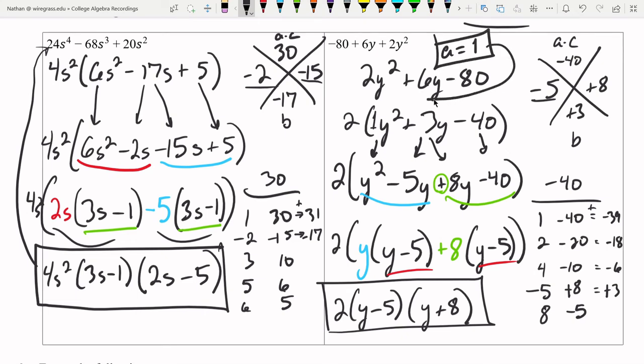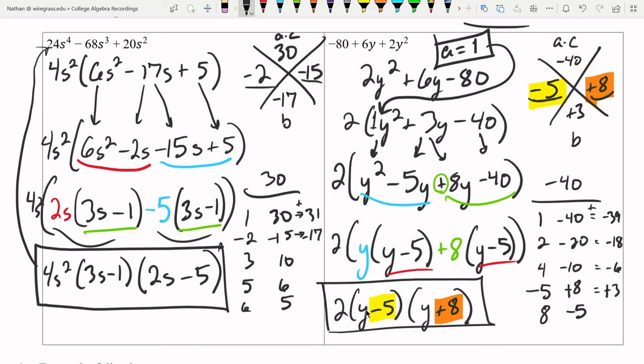When a equals 1, once I find these two numbers, negative 5 and positive 8, I can immediately factor this thing. I don't have to do the second half, the factoring by grouping that I've shown here. Because when a equals 1, I can write the variable, which is y, minus 5, y plus 8.